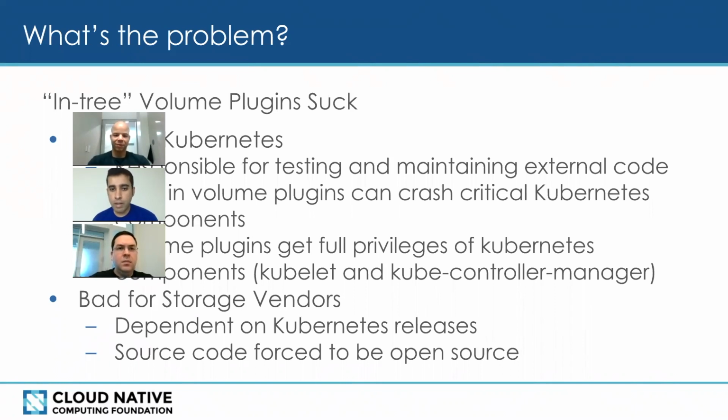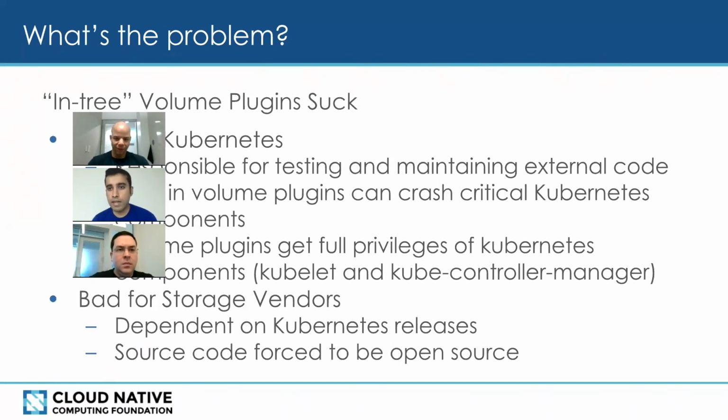And while it's very powerful and great for our end users, it's a little bit of a pain to maintain, because adding new volume plugins requires checking code into the Kubernetes repository. Vendors don't like to do this because it means being tied to the Kubernetes release cycle.